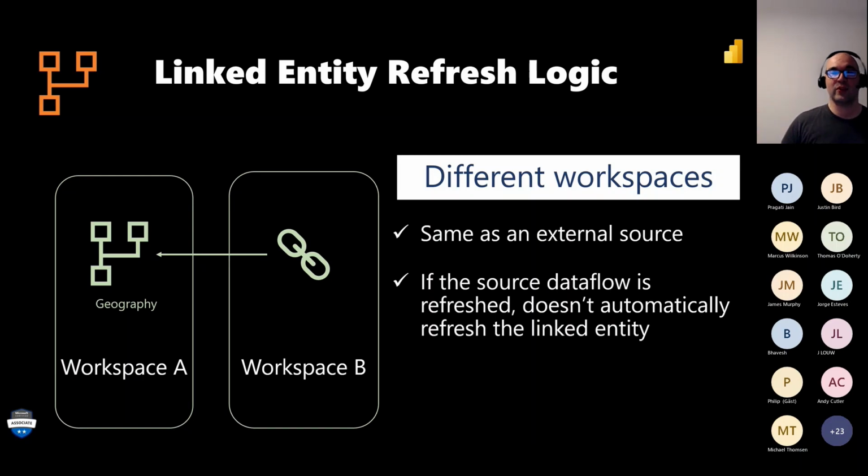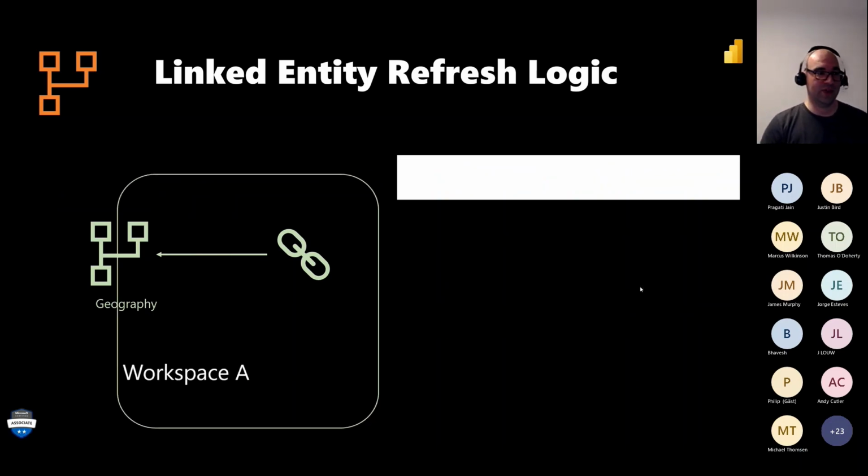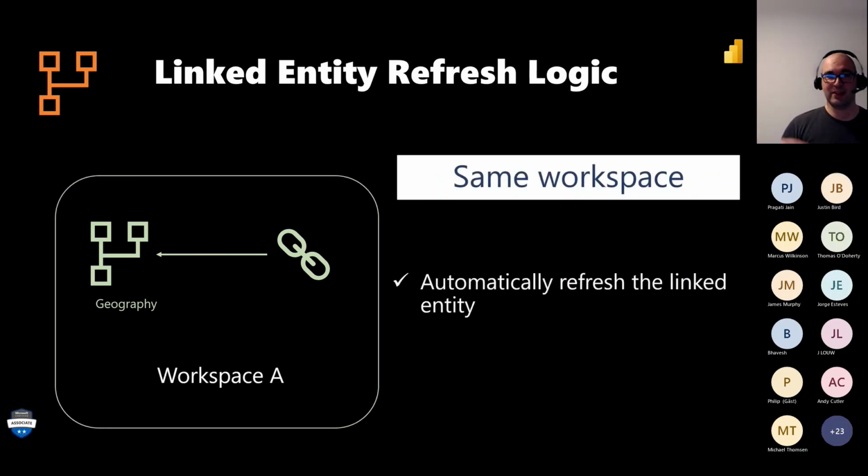So when the dataflow is refreshed, it takes the latest data from the entity from the source dataflow. If the source dataflow is refreshed, it doesn't automatically affect the data in the destination dataflow. If they are in the same workspace, then all your linked entities will be automatically refreshed when the data is changed.